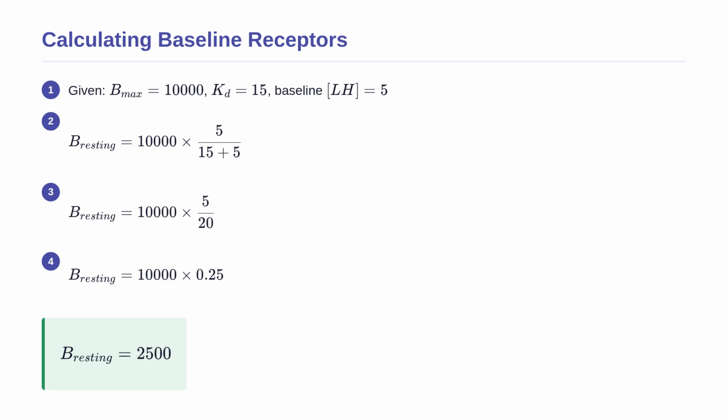We substitute these values into our binding equation. The denominator becomes 20. Dividing 5 by 20 gives us 0.25, or 25%. Multiplying this by 10,000 gives a final answer of 2,500 active receptors. This low level keeps the egg peacefully asleep.